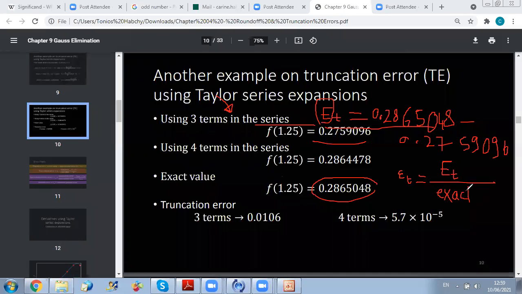So in this way, this type of error is more representative. You know why? Because let's say I tell you I did a measurement and the error is 1 millimeter. It might be very good, it might be very bad, because I don't know what is the exact value. I should have knowledge about the order of the exact value to know if 1 millimeter is fine or not.